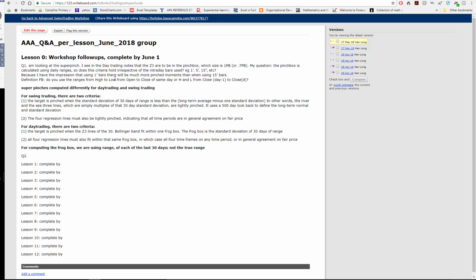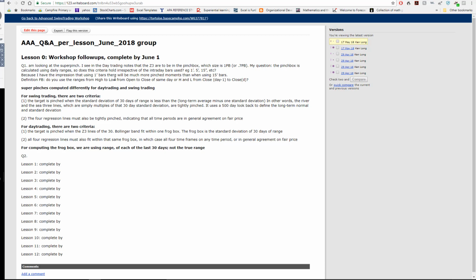Just to be clear, this is part of the Z3 pinch, the pinch and stretch lesson. And if you look on the right board for the videos, there's like 3 or 4 videos on the pinch and stretch concept altogether, and it covers, I think, in really good detail, the intraday application and the swing application.